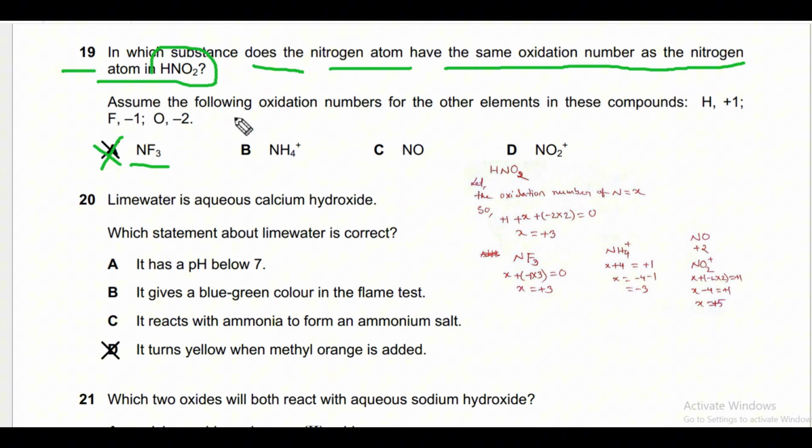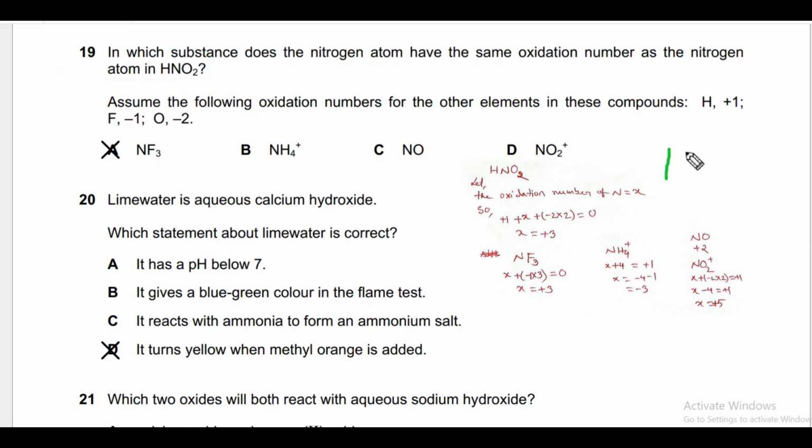You see the following for the elements in the compound: hydrogen plus 1, fluorine minus 1, oxygen minus 2. If you count in nitrous acid, the oxidation number of nitrogen is X. So hydrogen is plus 1, plus X, oxygen minus 2 times 2, equals 0 because there is no charge here. If you calculate, you will get the oxidation number of nitrogen is plus 3.